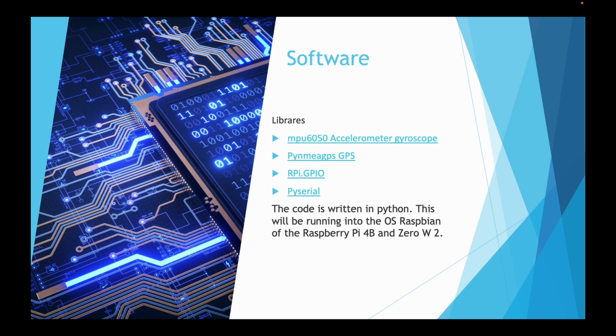All this code, the libraries and also the code I wrote, is in Python. The whole code runs on the operating system of the Raspberry Pi, which is Raspbian, and the code is the same for both boards, the Raspberry Pi 4B and the Zero W.